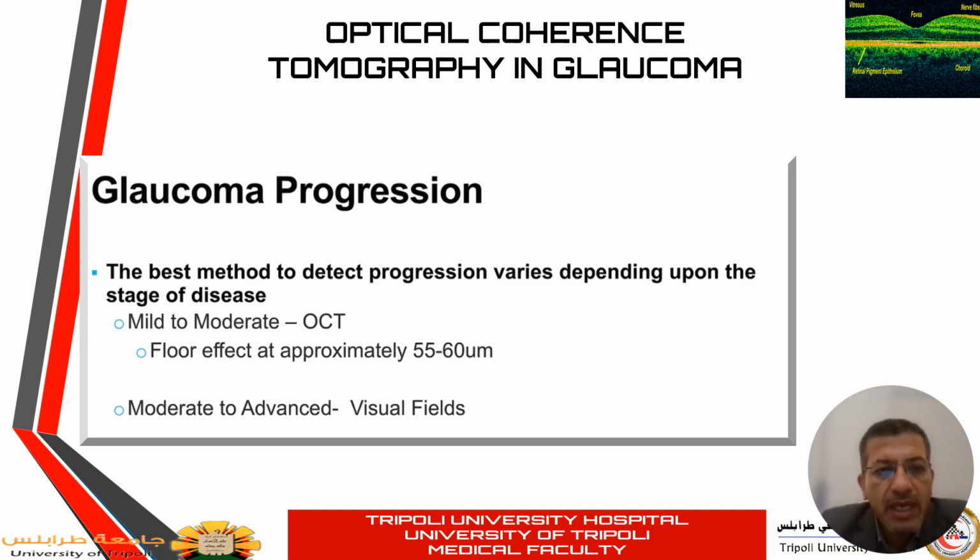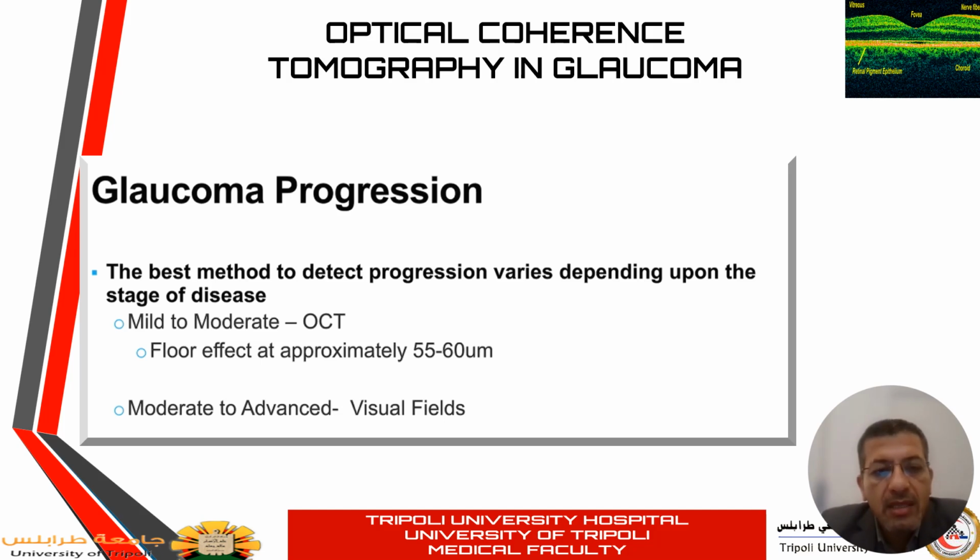Now, if we speak about assessment of progression at the level of loss of function of the patient, this means at the level of the perimetry, automated perimetry. This is regarded as a late sign. If we wait till the perimetric changes take place, and then do progression analysis using automated perimetry, this means that more than 60 to 70% of his visual function will be lost before you can detect or determine the progression.